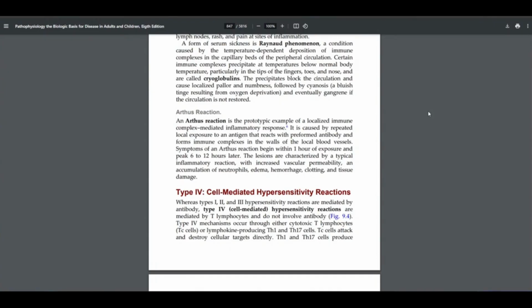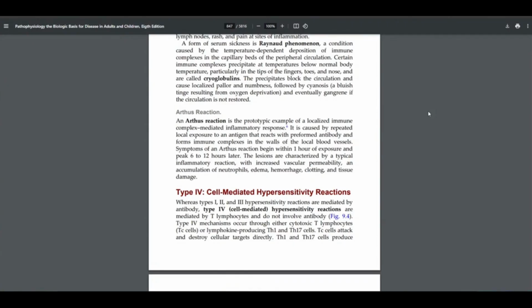The precipitates block the circulation and cause localized pallor and numbness, followed by cyanosis, or bluish tinge resulting from oxygen deprivation, and eventually gangrene if the circulation is not restored.